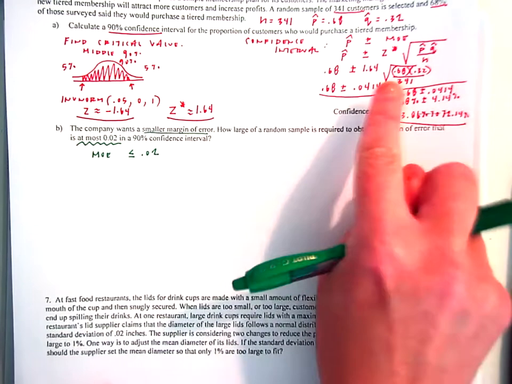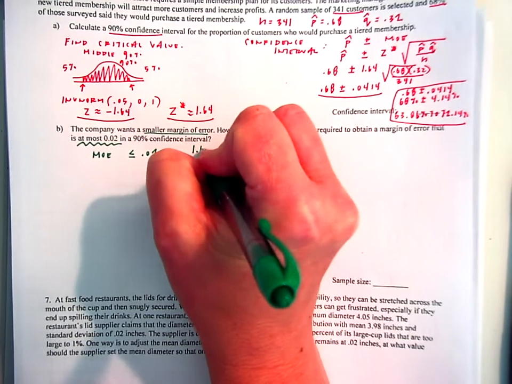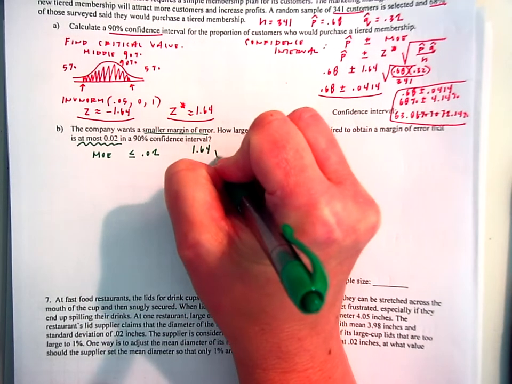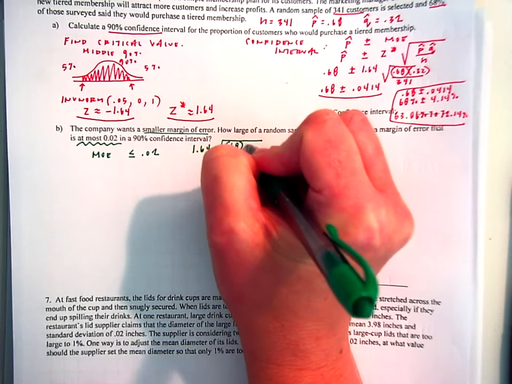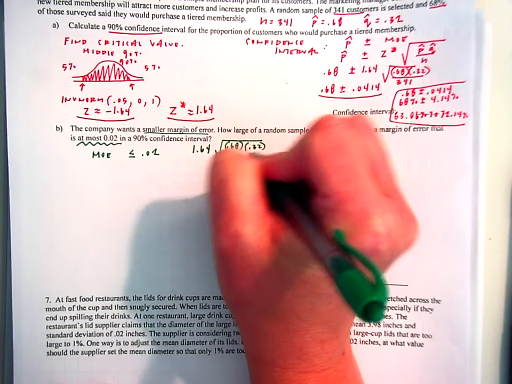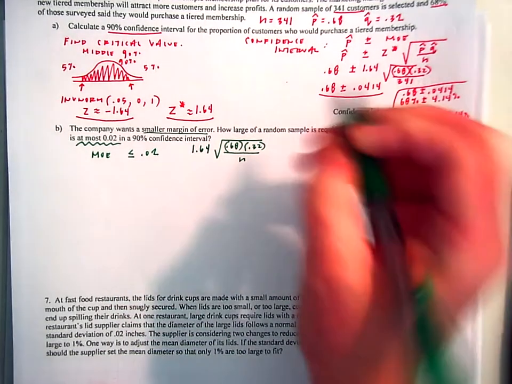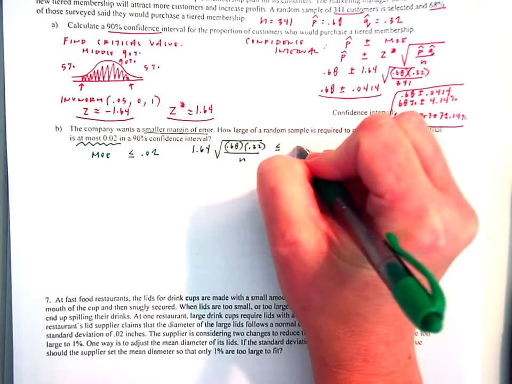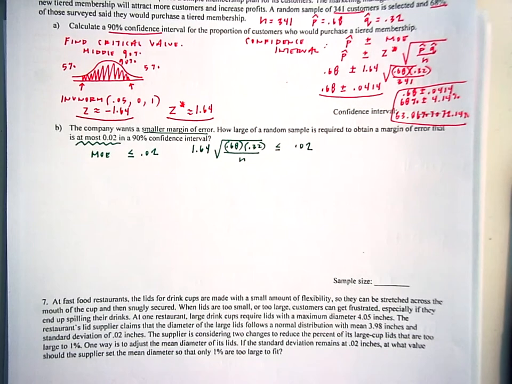So I'm going to take that margin of error, 1.64 times the square root of 0.68 times 0.32 divided by n, and I want it to be less than or equal to 0.02. So that's my starting point.